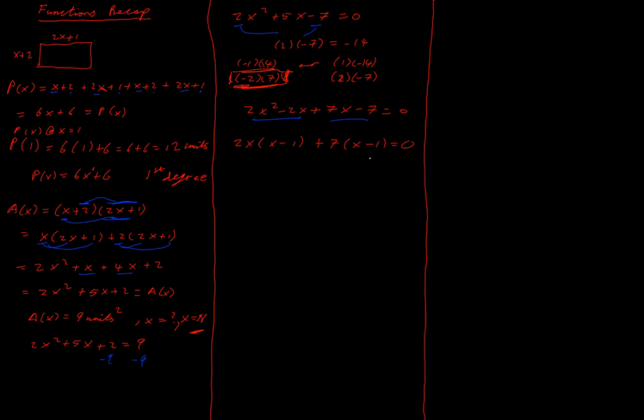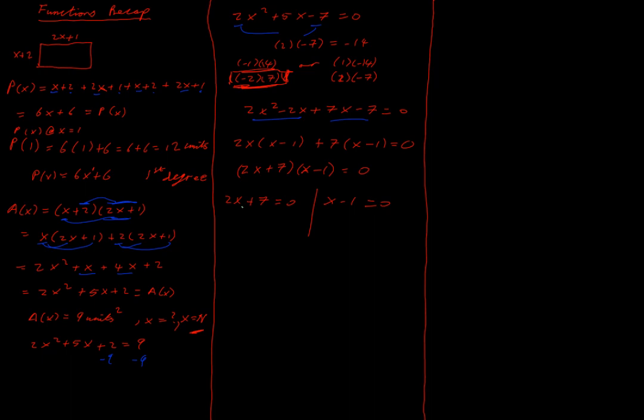Now, I want to factorize this completely, so I end up with 2x plus 7 on x minus 1. Breaking that up into two pieces, I get 2x plus 7 and x minus 1. And they're both equal to 0, because this multiplied by this gives 0. So this could be equal to 0, or this could be equal to 0, because any number multiplied by 0 is 0.